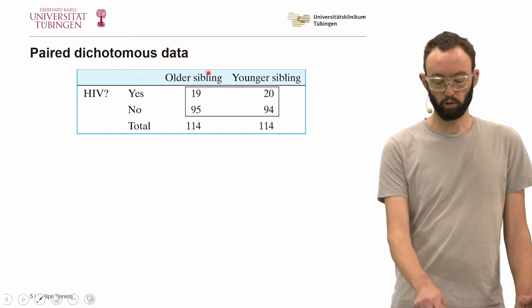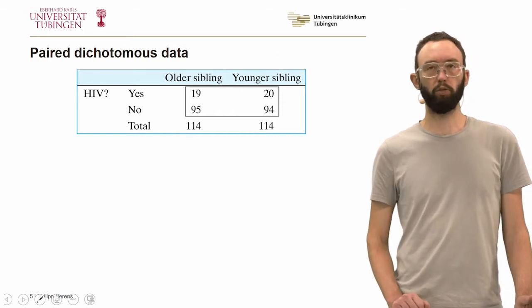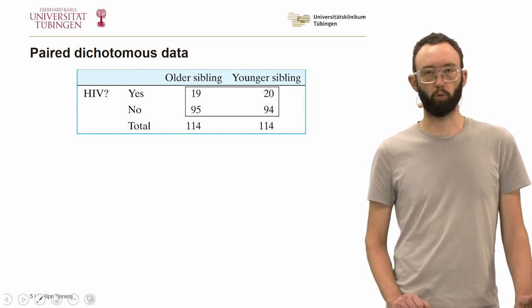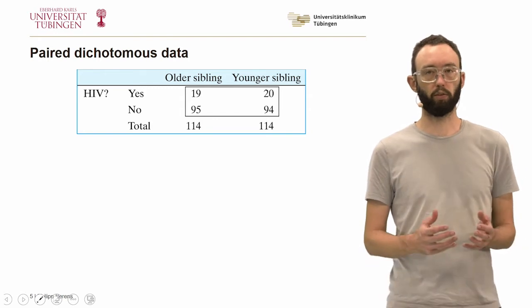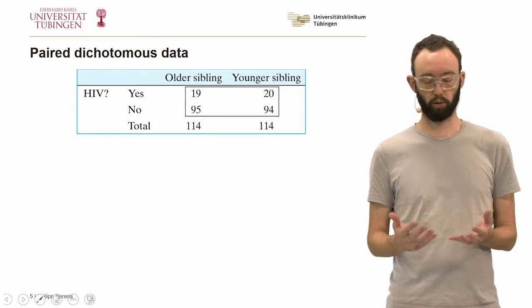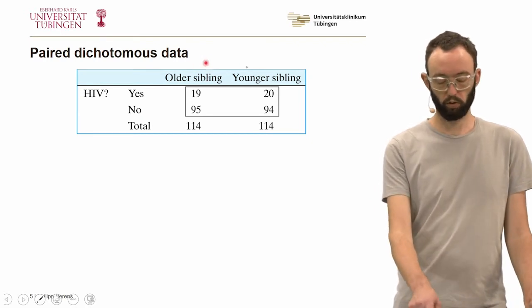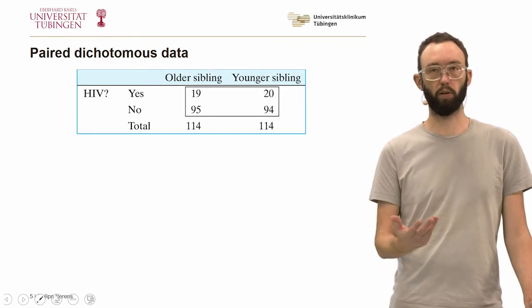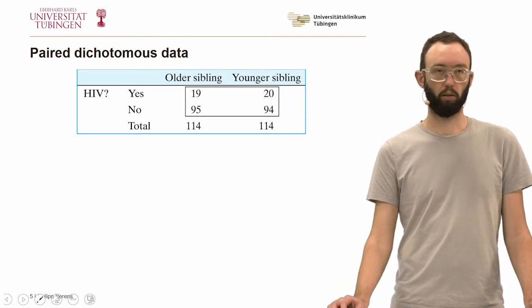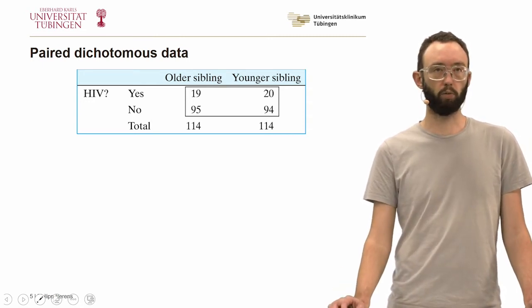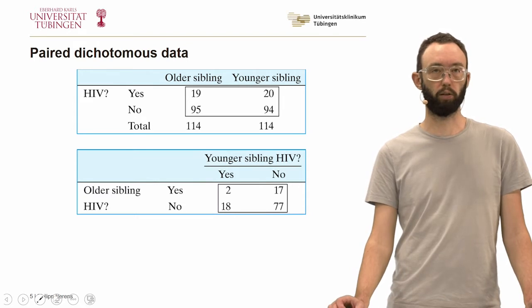This looks a lot like the previous case where we had two experimental groups. But of course, in this case, there's a strong dependency between these two, because older siblings and younger siblings have the same mother. So we can represent the data in another way, which makes this more apparent.